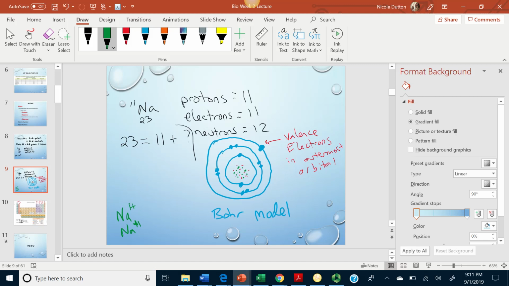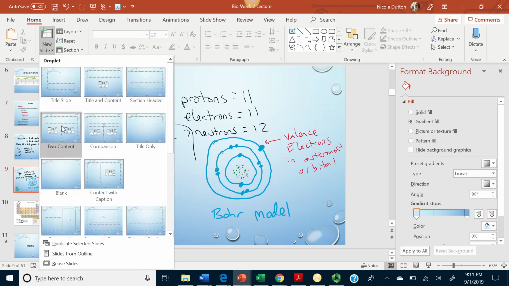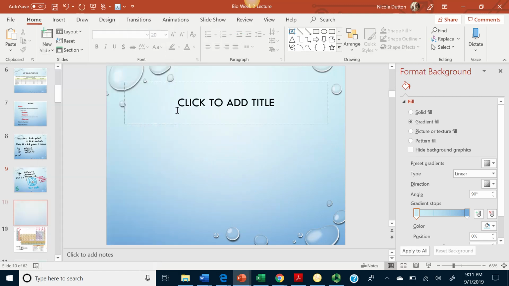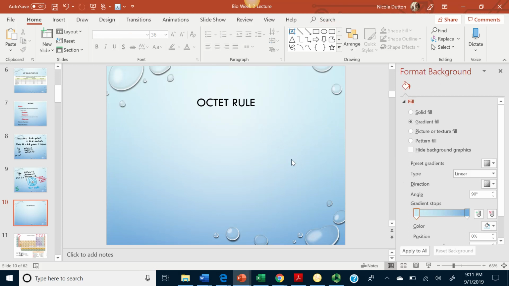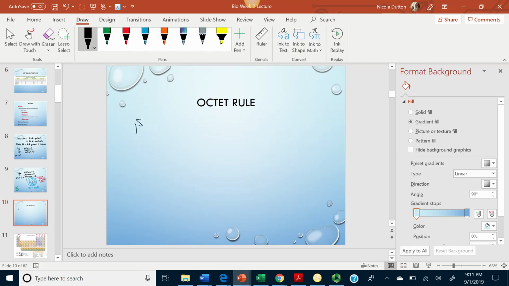So when we draw this out, remember the rules, I'll write out the rules for you. So the octet rule says the first orbital can hold 2 electrons, and I abbreviate electrons E negative.